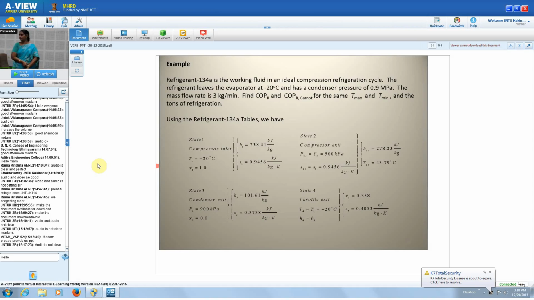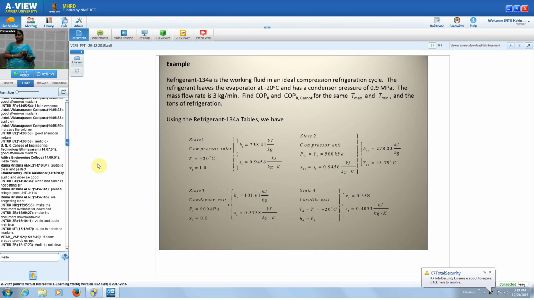Then take this problem. This is a very simple problem on the vapor compression cycle. You can do the problems using the tables and even using the chart also. So a p-h chart is available.